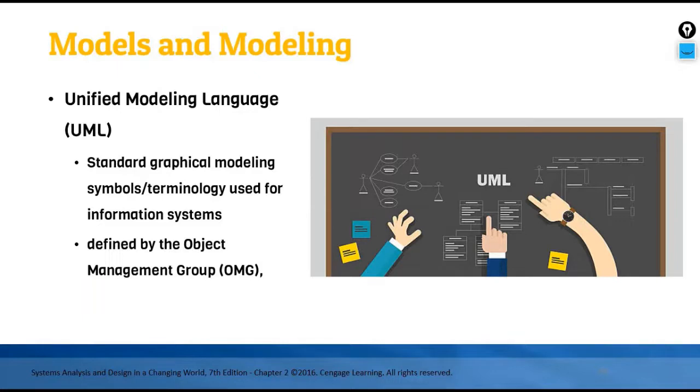organization for system development. By using UML, analysts and end users are able to depict and understand a variety of specific diagrams used in the system development project.